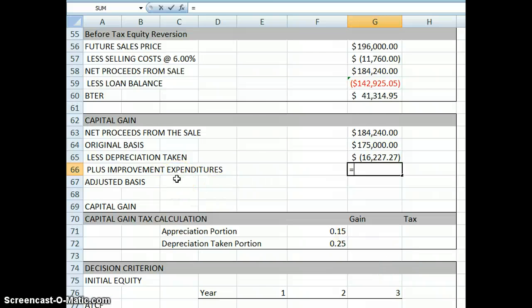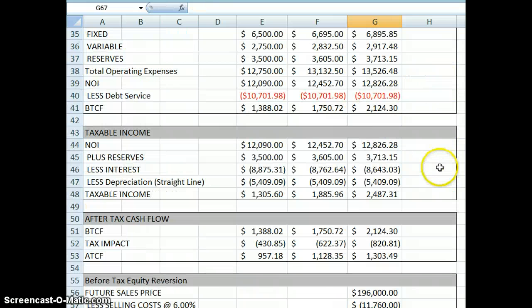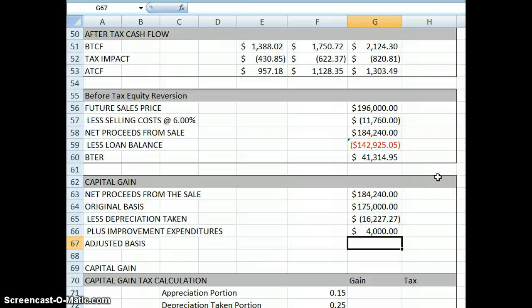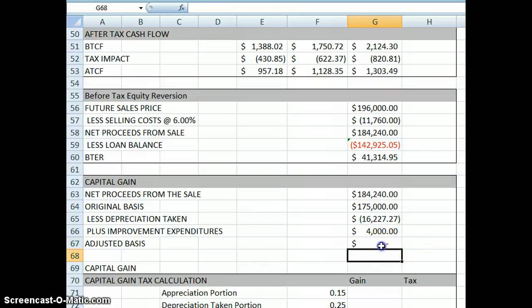And then our improvements, it's going to be up here. Our stipulations, 4,000. Alright, so now we get our adjusted basis. It's just going to be these numbers.